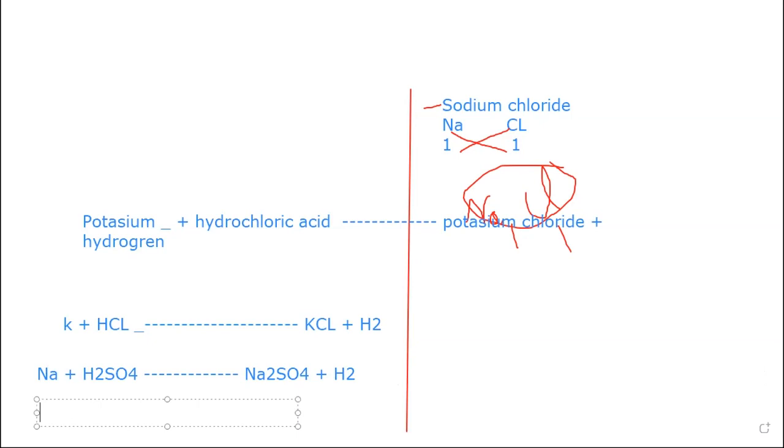Copper plus hydrochloric acid produces copper chloride. Unfortunately, this is the wrong answer.